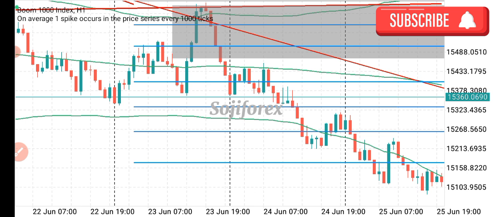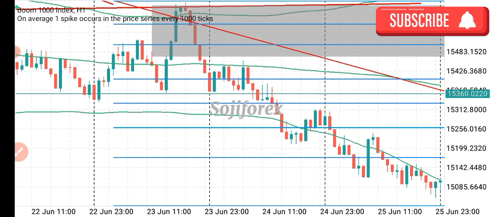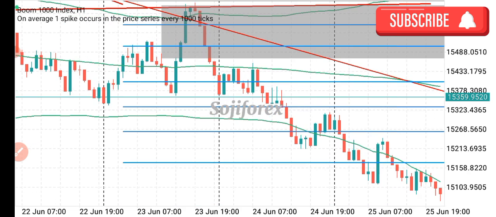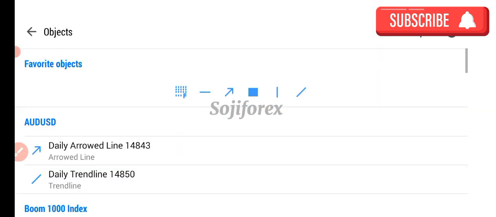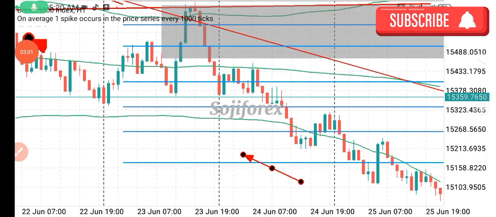In this 1 hour, we have this zone that we have marked from our 4 hour. And remember, this zone is very key to us because of the movement of price from that zone. A retail trader cannot move price in this form.